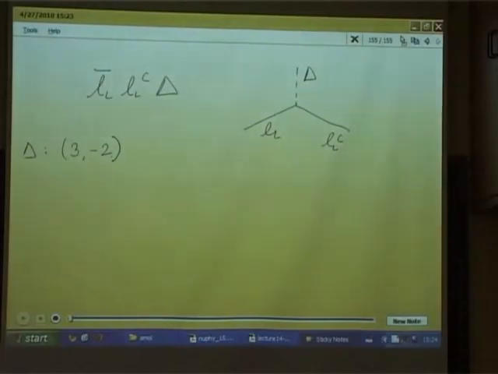How do you find the charge of a particle? Q is equal to T3 plus Y by 2. What is T3 of the particle? For a triplet it should be plus 1, 0, minus 1. And Y by 2 is minus 1.